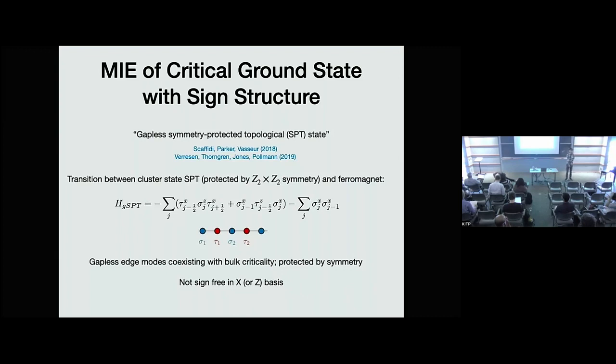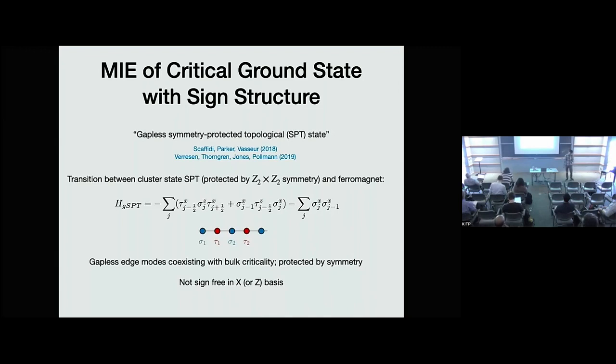Hi. So you showed these nice probes for detecting a sign problem, or at least you can get a positive signature for the presence of a sign problem. Can you envision a probe that's agnostic about a basis choice? Because, for example, the cluster chain, as you mentioned, has a sign problem in that particular basis, but it has a sign-problem-free basis. Can you comment? Yeah, I think it's a very good question. So as I said, we were interested in the zeroth order question of probing consequences of sign-freeness in a given basis.